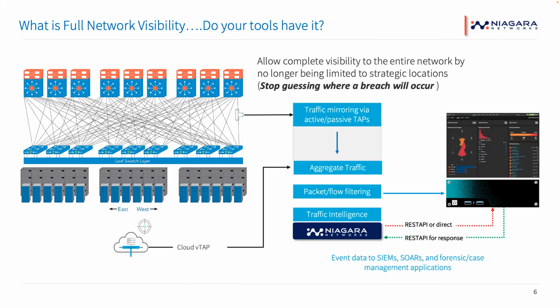Now, the advantage of doing that: when we are doing the virtual tap in a VMware environment, we are leveraging either the vSwitch promiscuous mode or the virtual distributed switch port mirroring. Well, yes, I can turn on port mirroring at any time. Yes, you can. But when you turn on port mirroring on a VDS and you have 100 or 200 VMs attached to it, you're never going to be able to push that data out of the VM environment into a tool that may be either physical or even virtual.